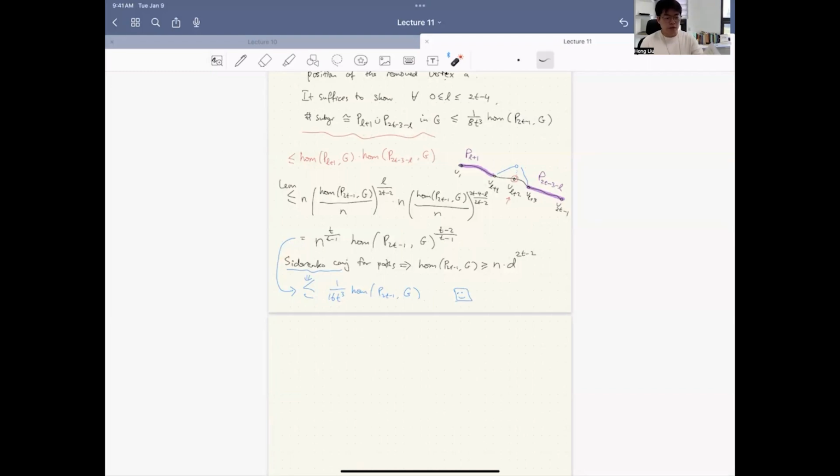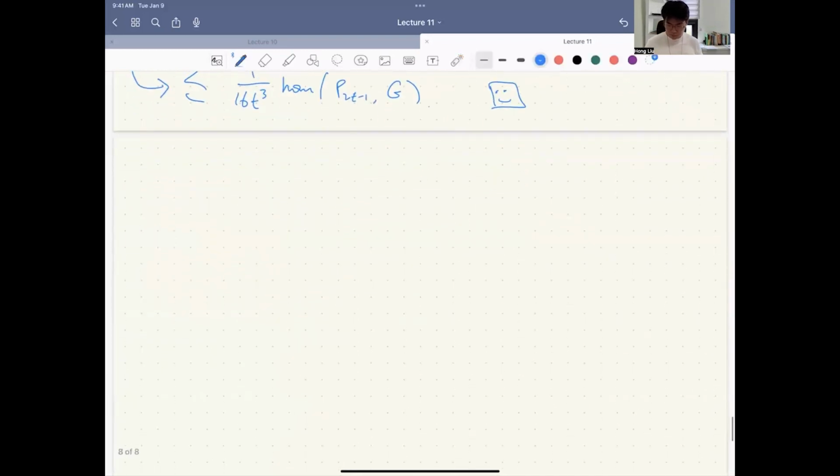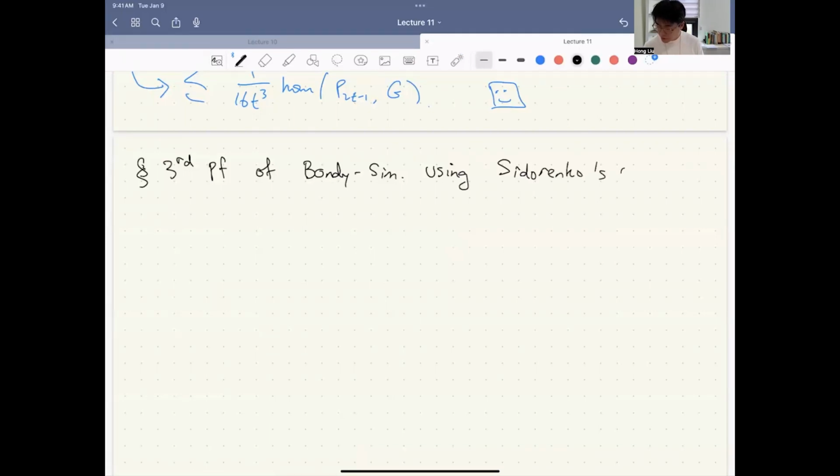We give yet a third proof of the Bondy–Simonovits theorem, the upper bound on even cycles, using Sidorenko's conjecture and the iterative Cauchy-Schwarz inequality.